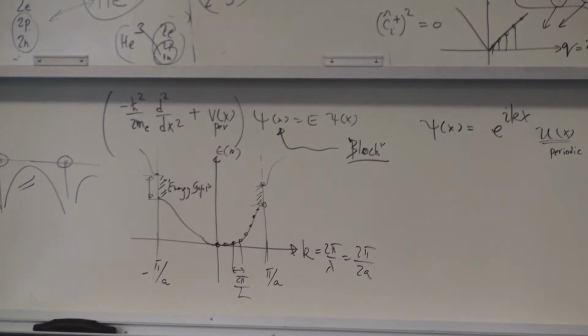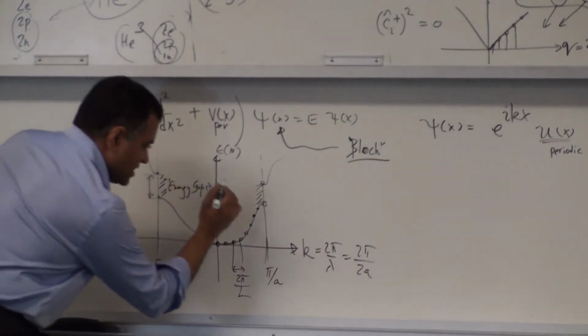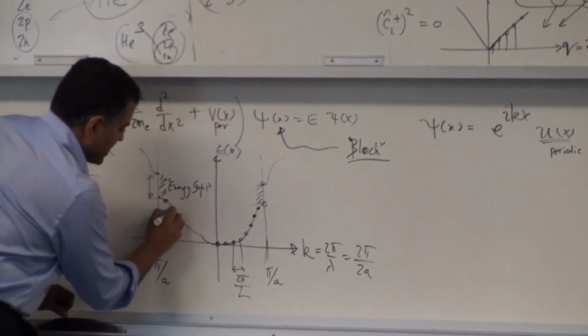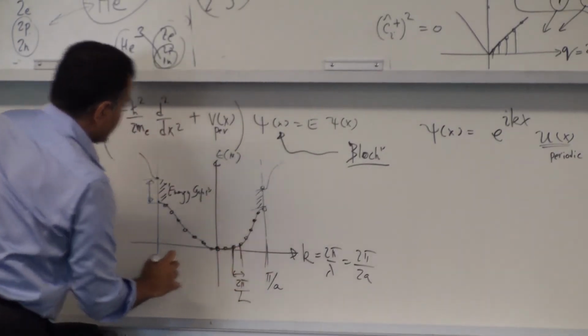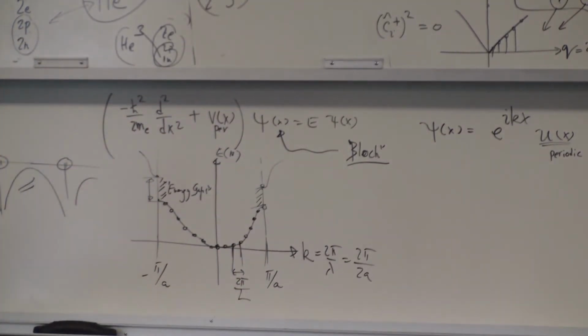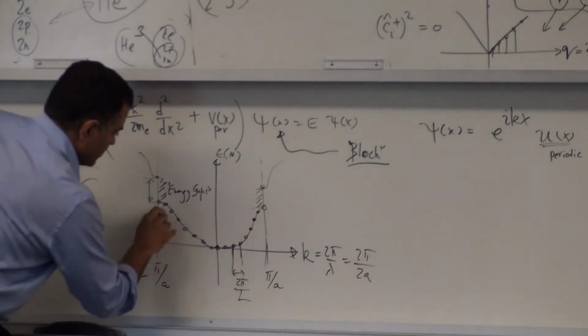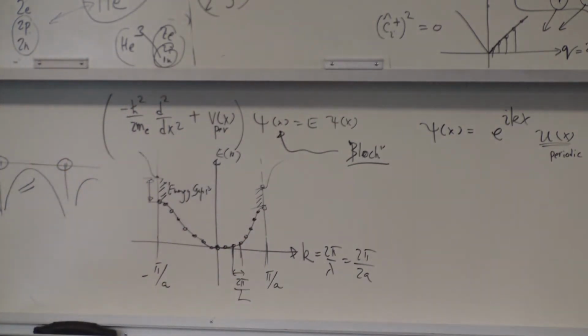So this separation is extremely small, but it's still discrete. And there are exactly as many of these points here as there are atoms in the crystal. If I have N atoms in the crystal, then if you count all of these, you have N points here.